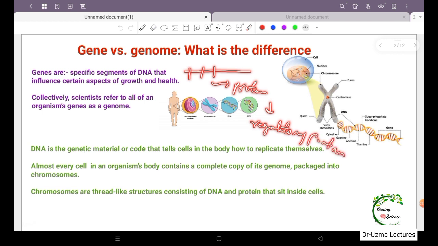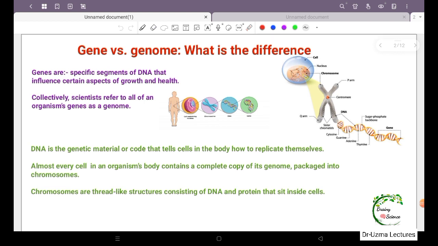For example, this protein helps in cell cycle division. If there is not proper functioning of the cell cycle, it may lead to a decrease in the growth of the cell, as a result of which some portion of the body might function properly, the other may not, as a result of which the growth of the body won't be proper. So genes influence not only the growth but also the health of a person.